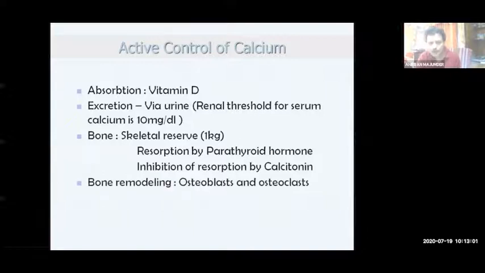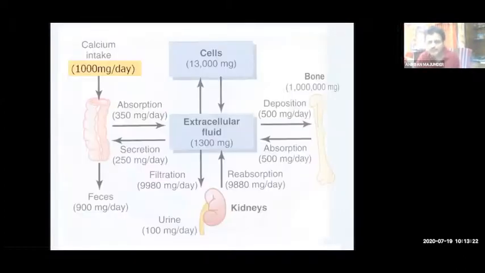Bone remodeling occurs through two important cells, osteoblasts and osteoclasts, which constantly either build or destroy the bone. So remodeling is a constant affair. These are the important points and factors which influence the serum level of calcium.